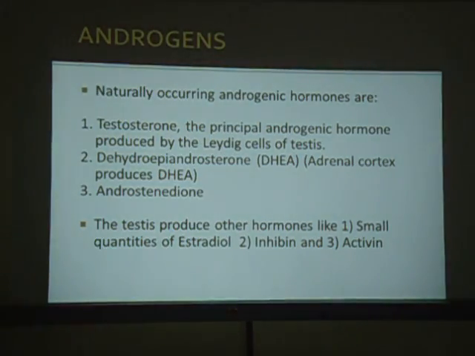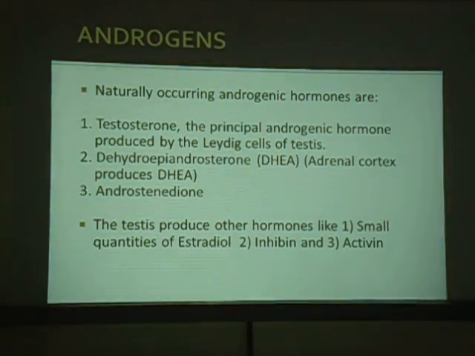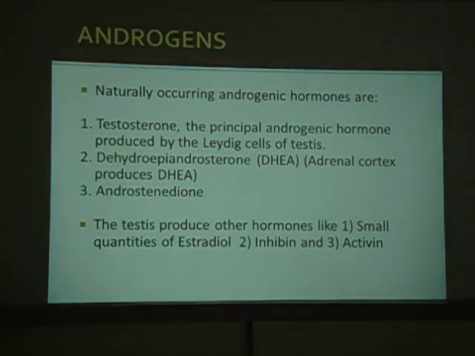Androgens, we have the naturally occurring ones, that is testosterone, dehydroepiandrosterone and androstenedione. These are the principal androgenic hormones from the Leydig cells.